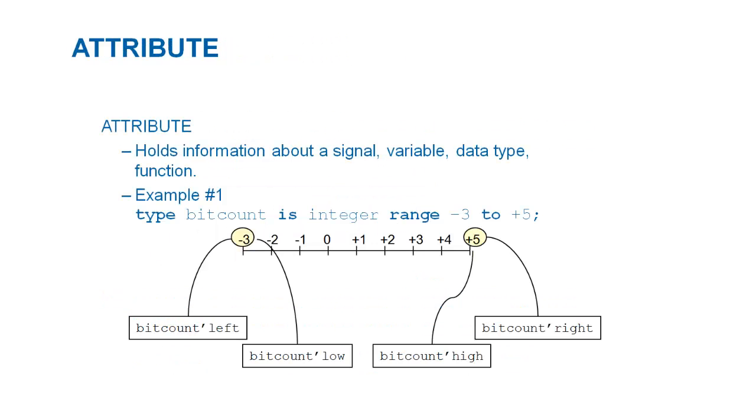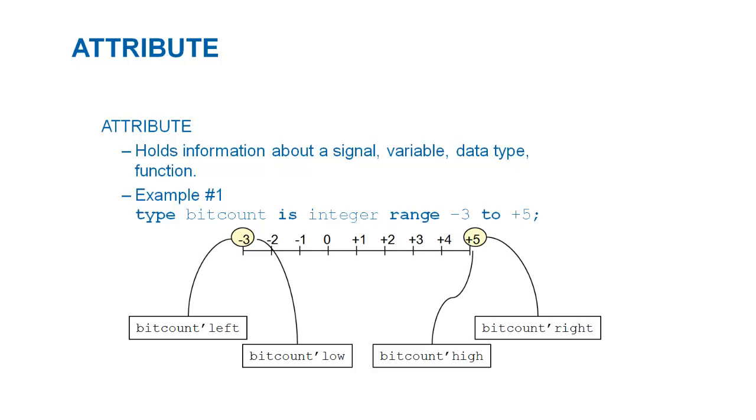Attributes in VHDL are a convenient way to understand and to manipulate signals, variables, and other data types that we have in VHDL. So here is an example of a bit count, which is an integer that ranges from -3 to +5.